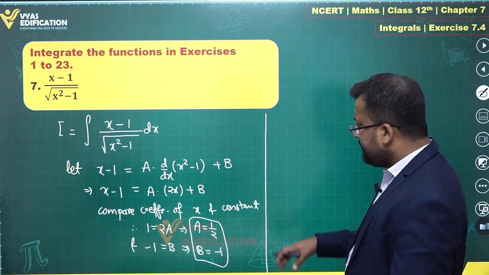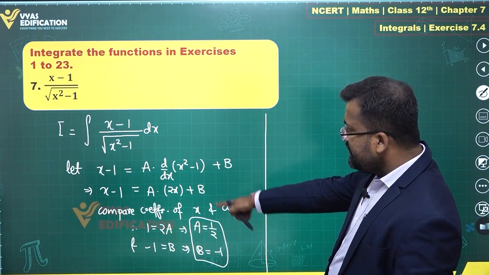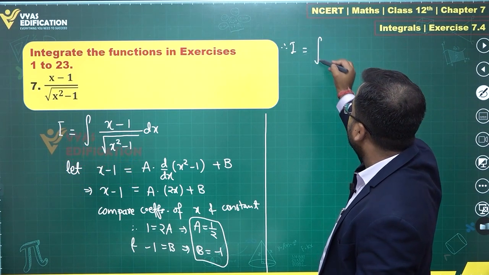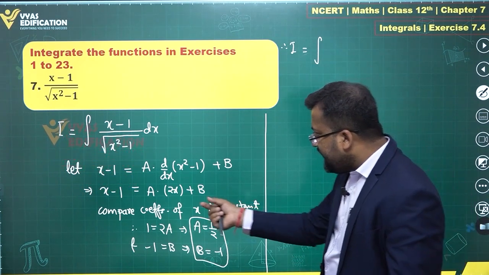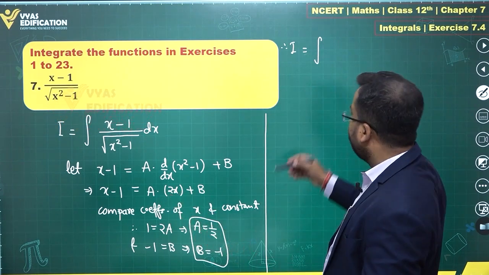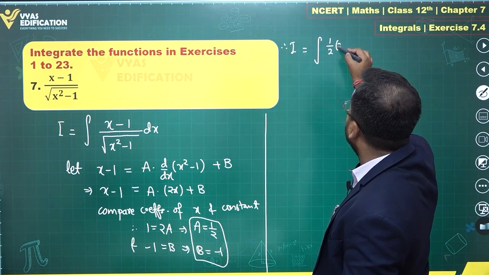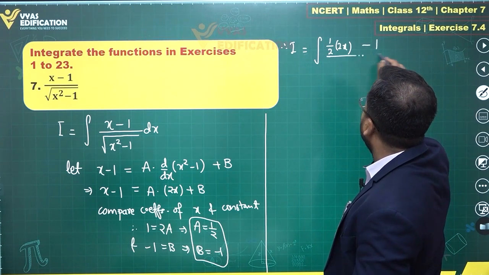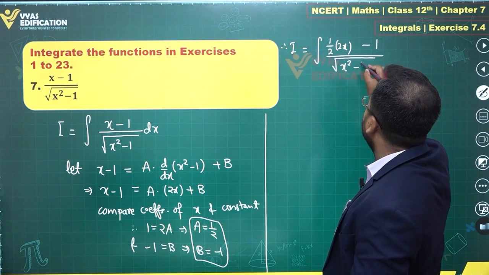The next step is that we substitute these values over here. Therefore, I is equal to integral of x minus 1 written as a times 2x, where a is half, so half times 2x, plus b, which is minus 1, upon under root of x square minus 1 dx.